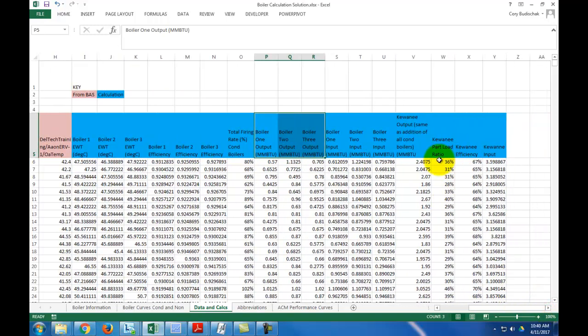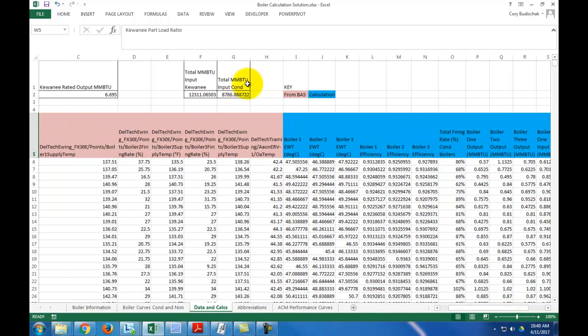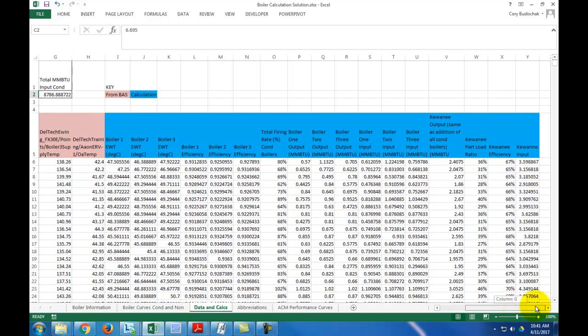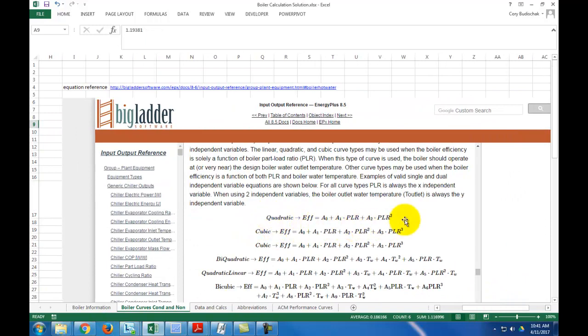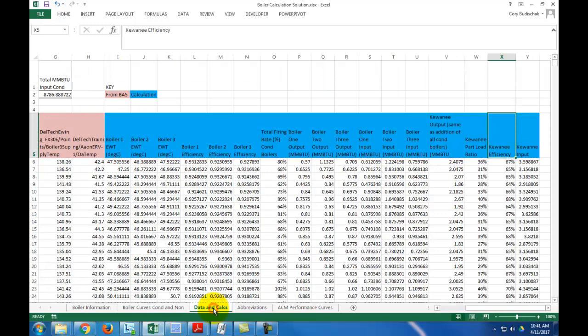Then we calculate the part load ratio using the assumption up here that our Q1E boiler has an output of 6.695 MMBTUs. And then using the part load ratio and this formula, it's quadratic, we can calculate the efficiency, and then we have the output, we have the efficiency, so we can get the input.